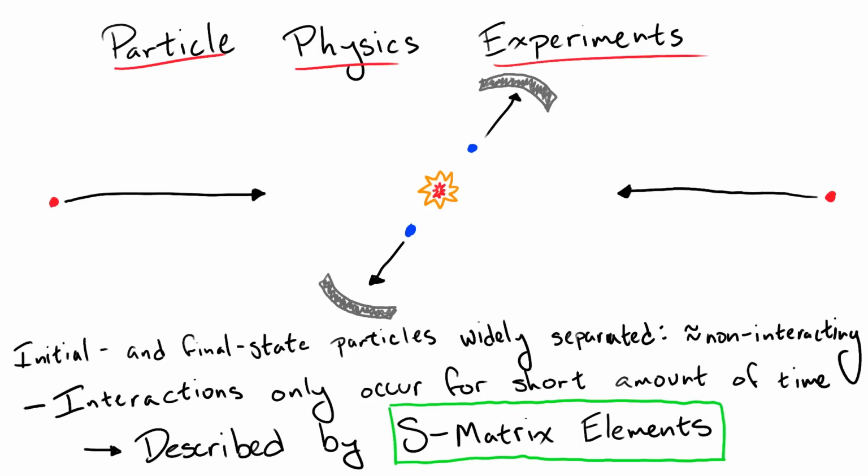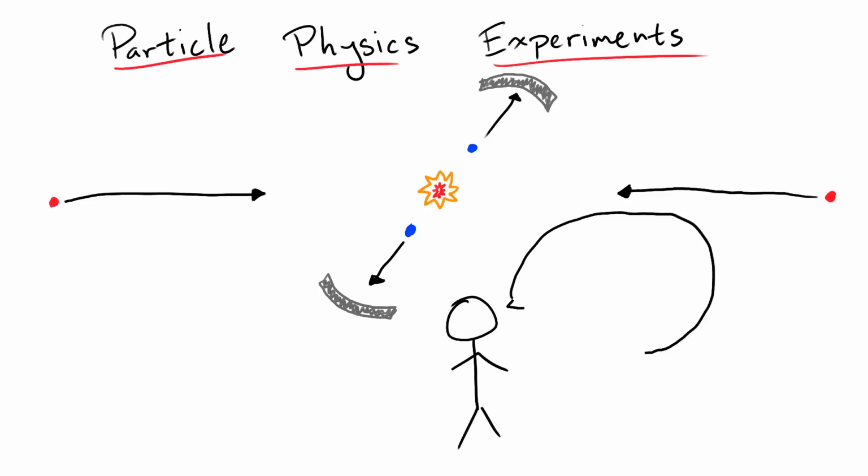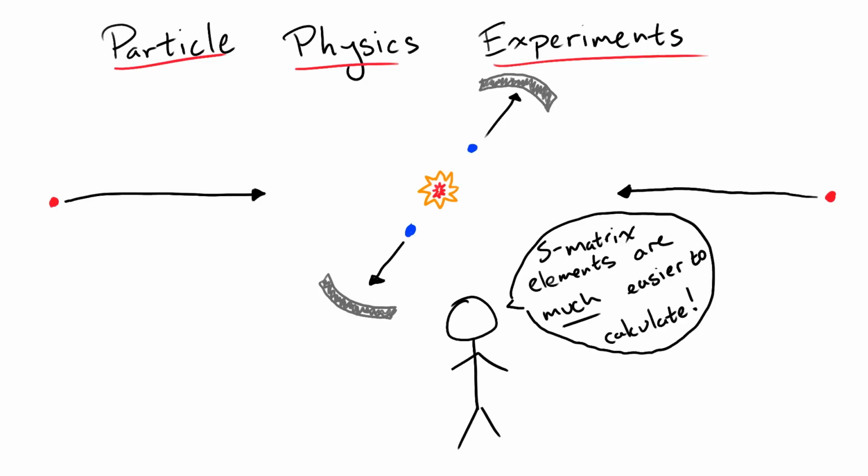These S-matrix elements exactly describe the transition from non-interacting initial to final states due to short-time interactions, and amazingly turn out to be substantially simpler to calculate, particularly in perturbation theory, though that doesn't mean that they're easy by any stretch.